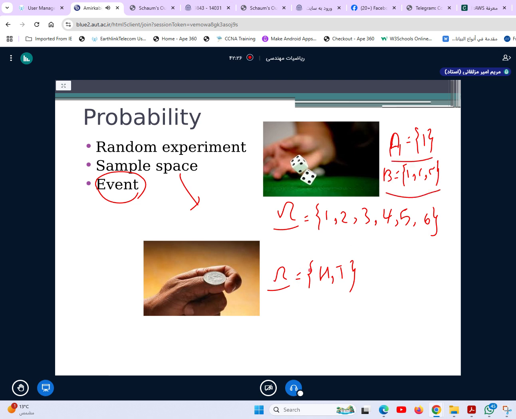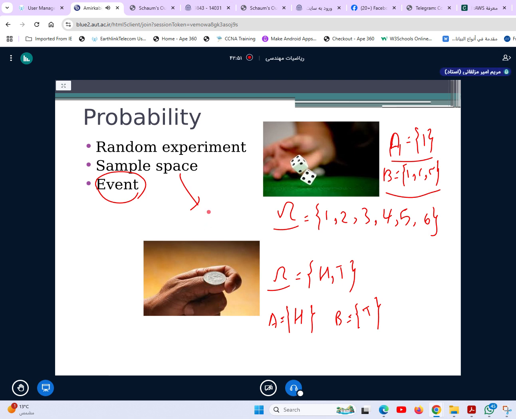Or in tossing a coin, H, heads, is an event, or T, tails, is an event. So any subset of the sample space is an event. For example, event A, event B, and so on. Any question?